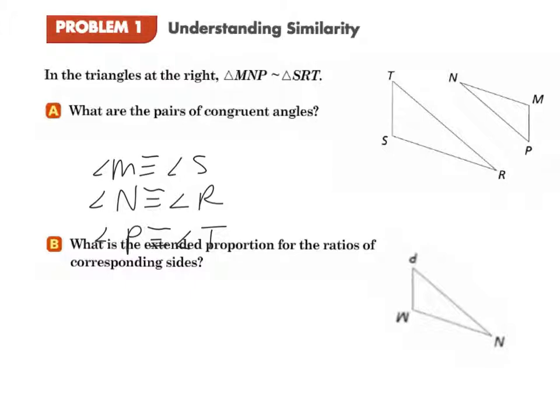So let's go ahead and do that. We have side MN to side SR, NP to RT, and MP to ST.